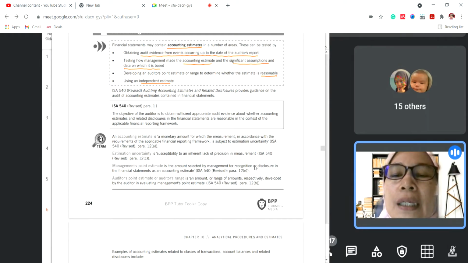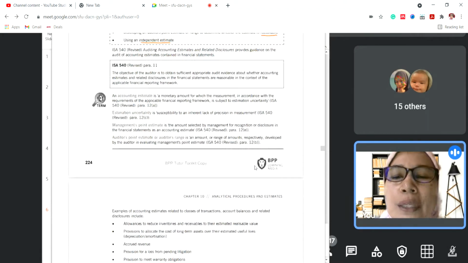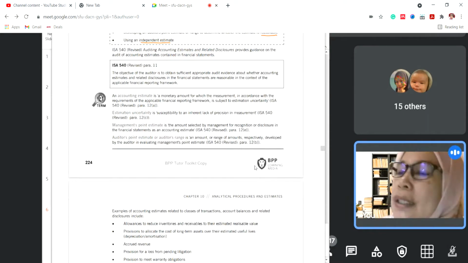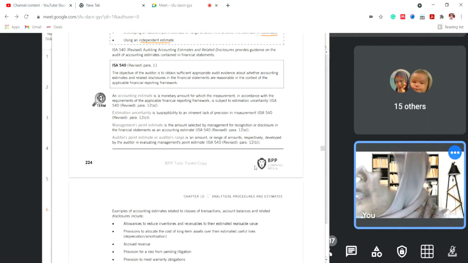The accounting estimate and the related disclosure will be covered in the chapter review later, chapter 15, forming an audit judgment.